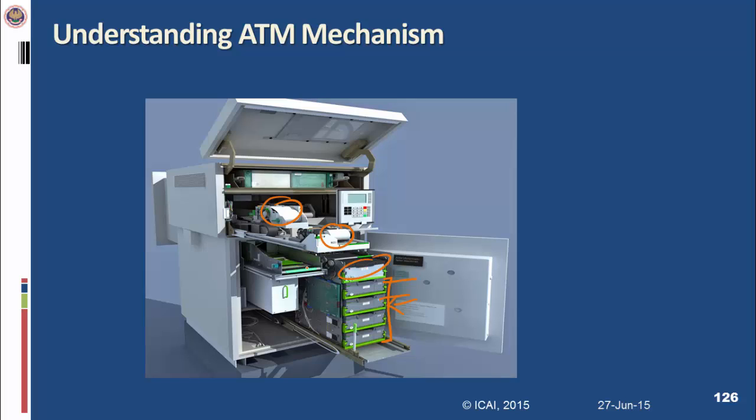Then there are machines which have a system called retained card boxes. ATM machines are predominantly of three types, based on how the card is inserted. One is swipe cards, where we swipe the card and then proceed with the transaction. Another is half dip machines, where the card is half outside and half inside. The third is full dip machines.